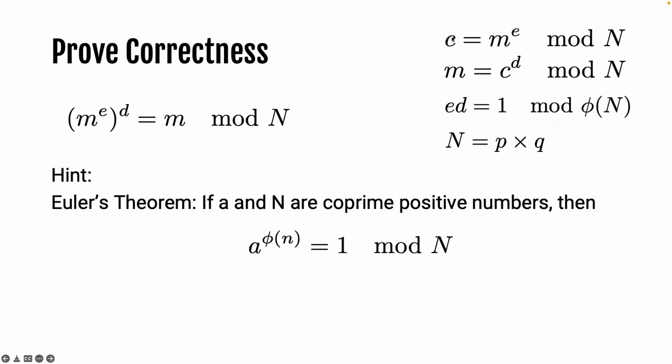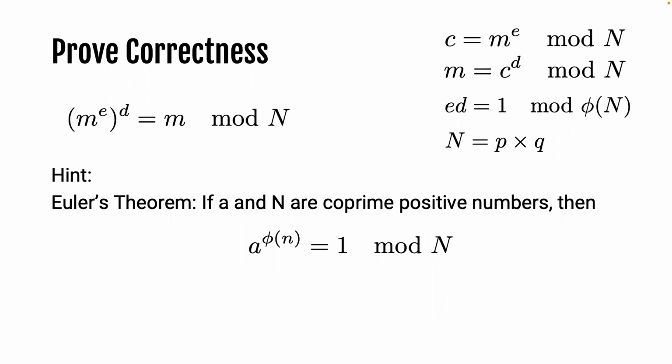You get the ciphertext by doing M to the E mod N, and you get the plain text by doing C to the D mod N. E and D are the two values which satisfy the condition that E times D is equal to 1 mod phi of n. And let's remember that n is a big number and a multiplication of two prime numbers.